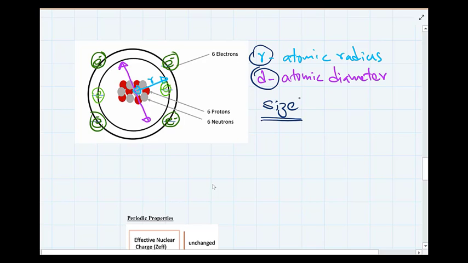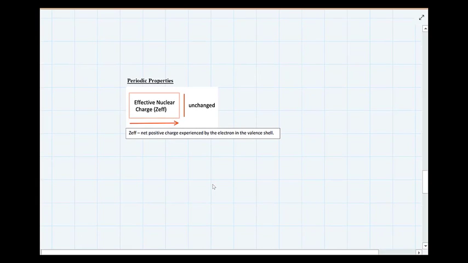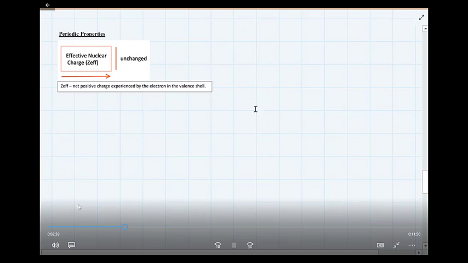Okay, so we can look at how it is changing in the periodic table. In the periodic table, it would be changing in this fashion.